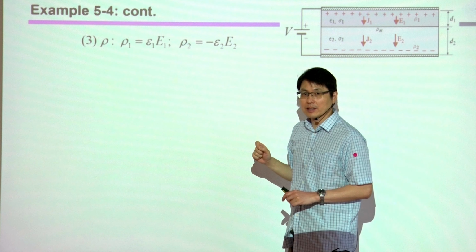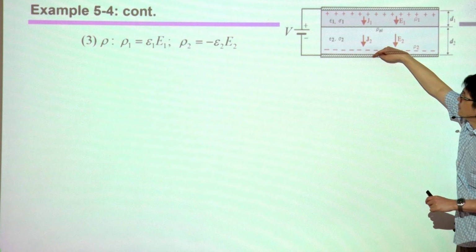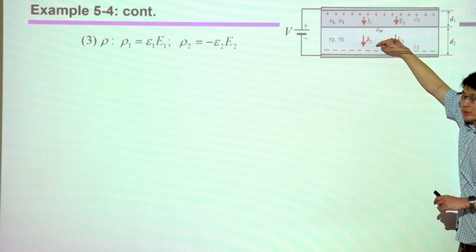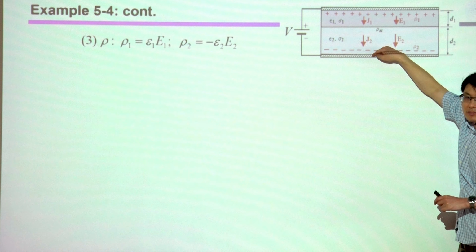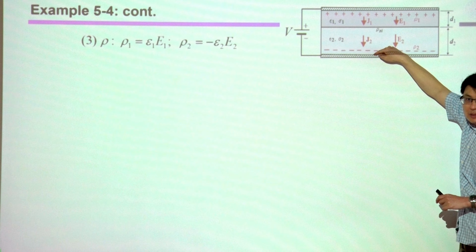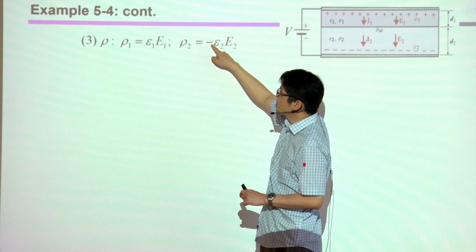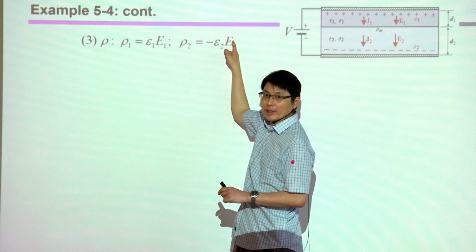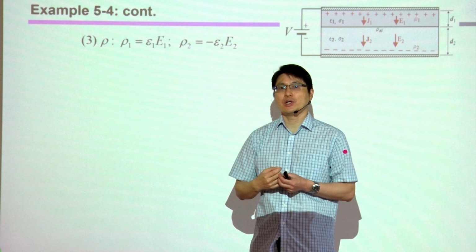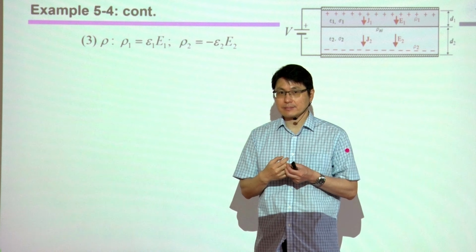Why? D1n minus D2n equals rho, but now the bottom is replaced by metal, so D1 is 0. So therefore, you have a negative sign. And this has to be negative, right? So if you add the two together, you might have charge cancellation, and you have to maintain charge neutrality. Okay?